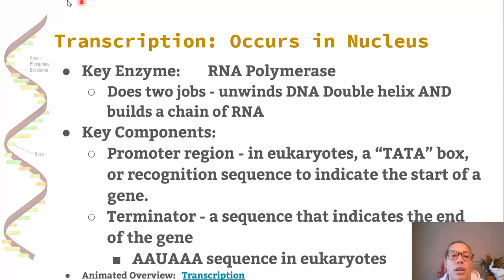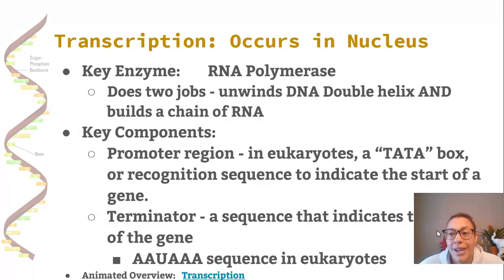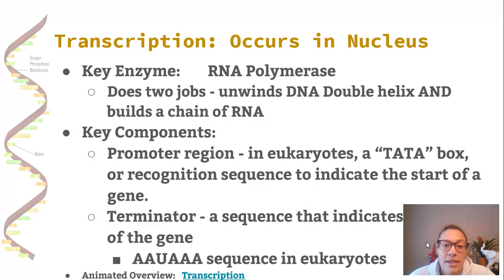So here is our overview. Transcription is going to occur in the nucleus and it's going to utilize the enzyme RNA polymerase. So we know we're making RNA in this case, and it's going to make a long chain, which is the polymer part, and it's an enzyme, so -ase. It's going to take on two jobs.